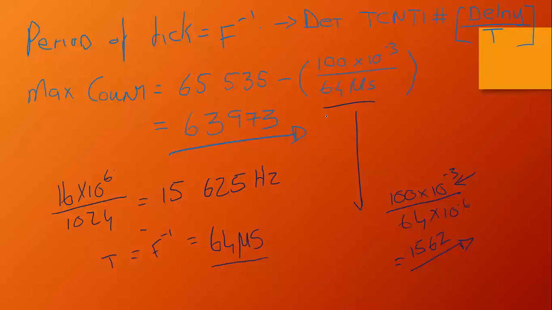So I need to say, okay, what is the maximum count on a 16-bit register? And that is what we have here, 65,535. This is the maximum count you can get out of a 16-bit register. You subtract from that your 1562, and that gives you an answer of 63,937.